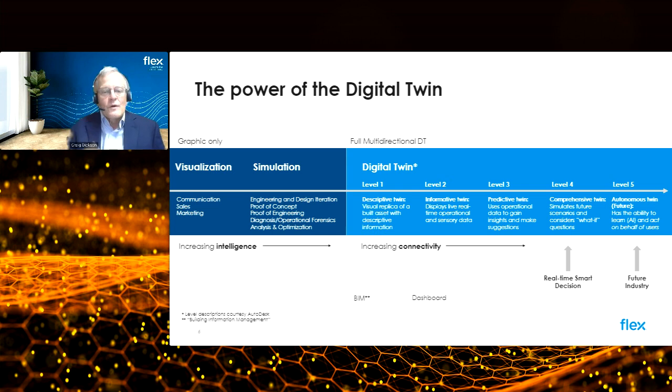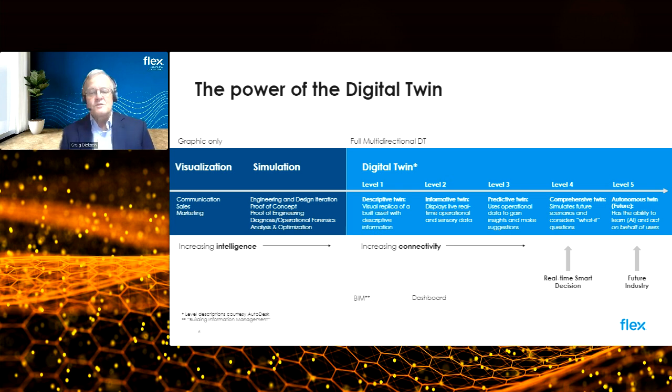At its most basic level, what I'm describing here as a digital twin is a way to digitize static data for easy access. You might have heard that called a BIM system, or building information management. That's actually really a form of digital twin. As you add more connectivity and intelligence, you can get more information about what's actually happening in the system. As you go further up, your level 3 digital twin can help you predict what might go on in the next few minutes, so you can adapt to that.